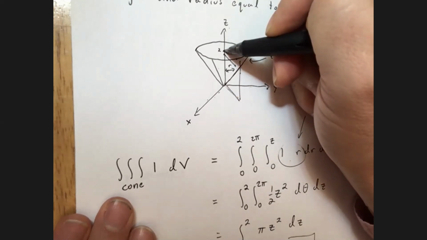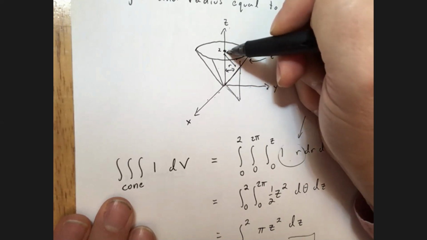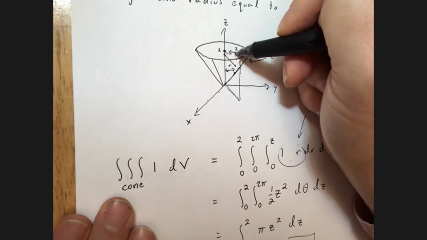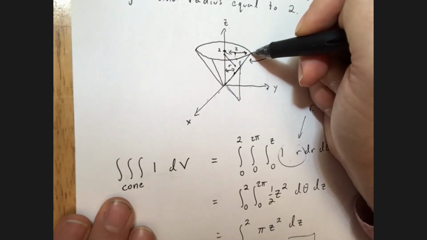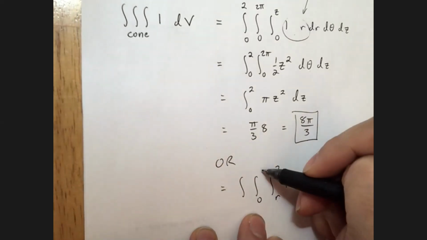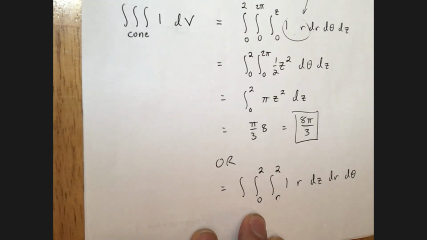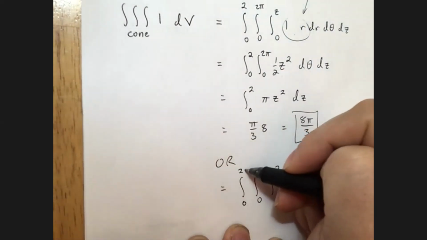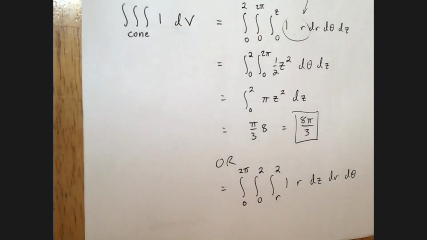If I'm halfway out, z is going to go from here to 2. If I'm all the way out, z is going to go from 2 to 2. All right, so r goes from 0 to 2. And then theta, as before, takes me all the way around the cone. So it goes from 0 to 2 pi.